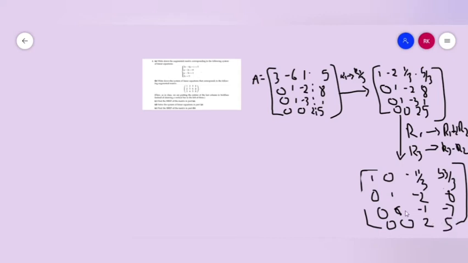So we construct one pivot per column, and there is another pivot here.